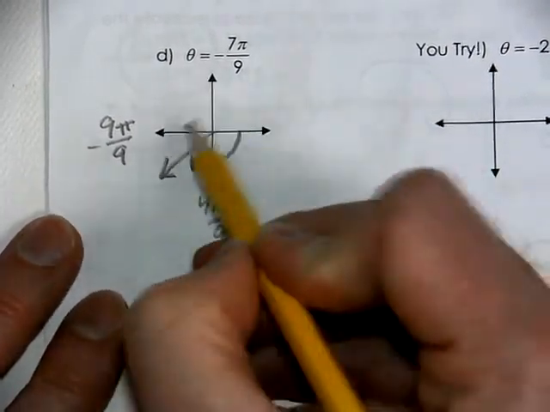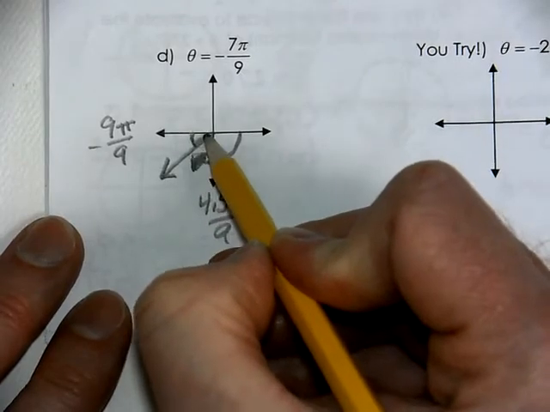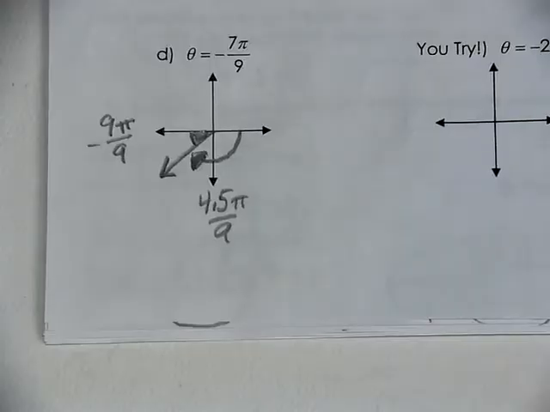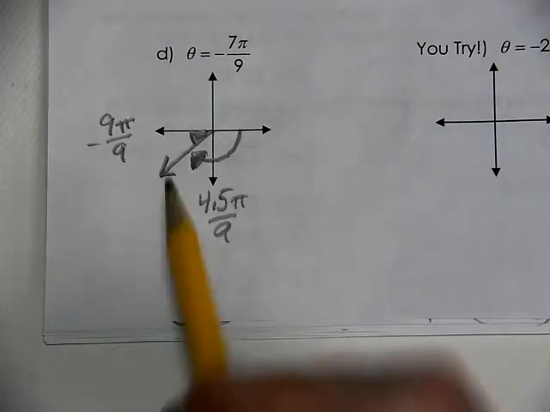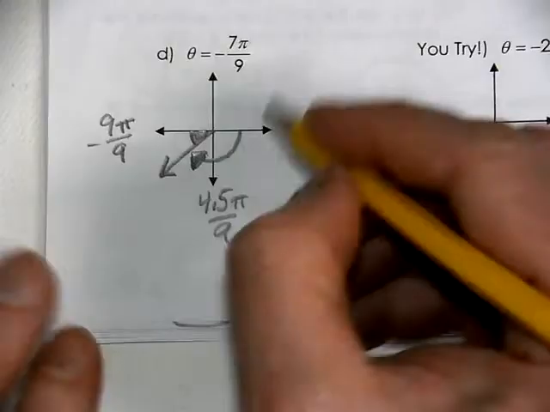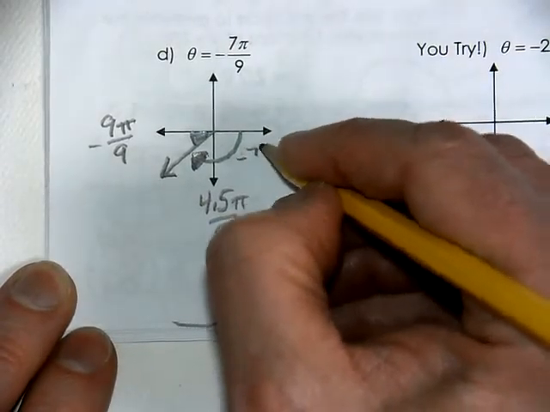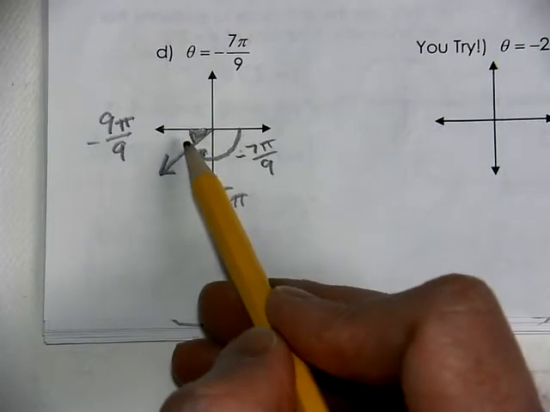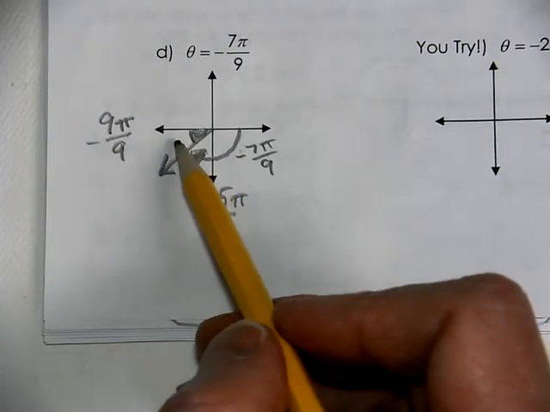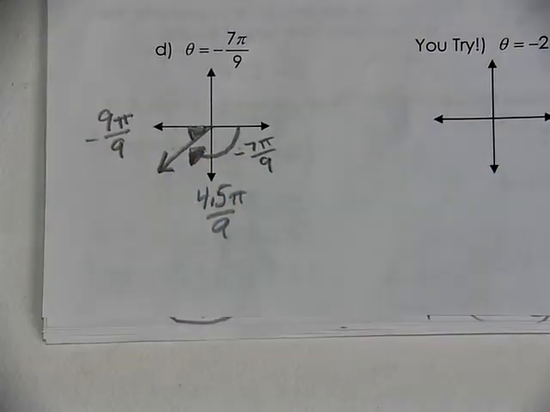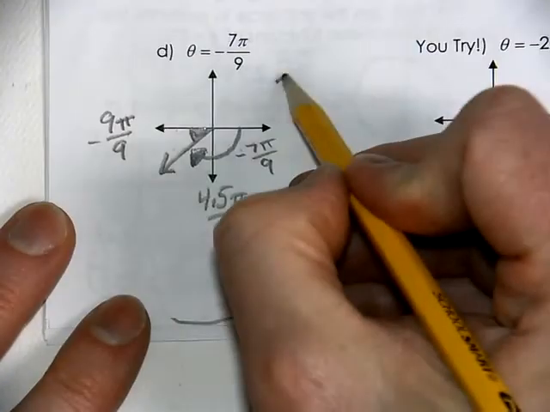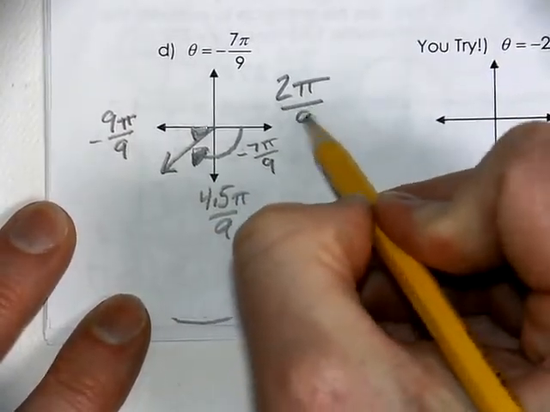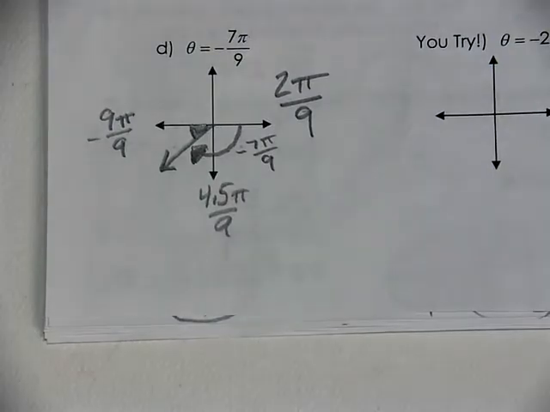What is your reference angle? What is that angle value to the x-axis? How many more do you need if this is negative 7 pi over 9? How many more, not degrees, this is a radian, do we need to get to our x-axis? That's going to be 2 pi over 9. And remember, it's always going to be a positive value.